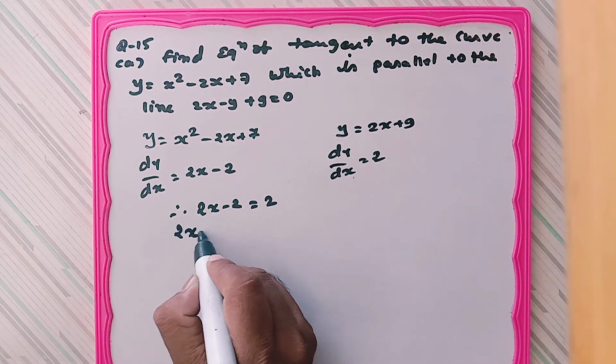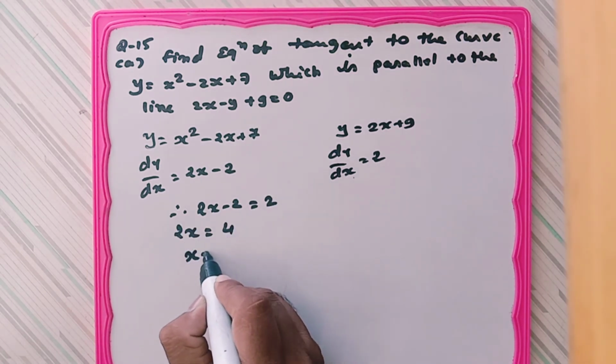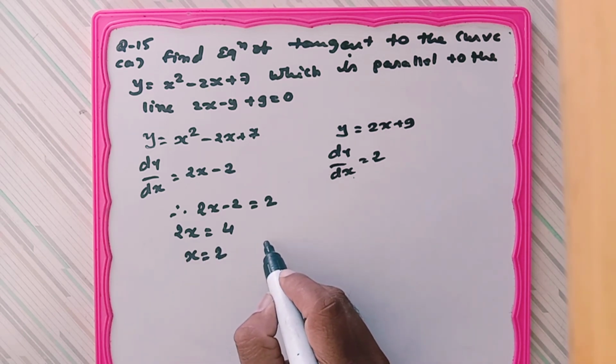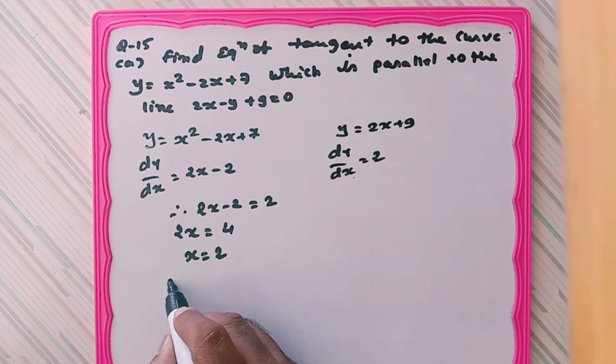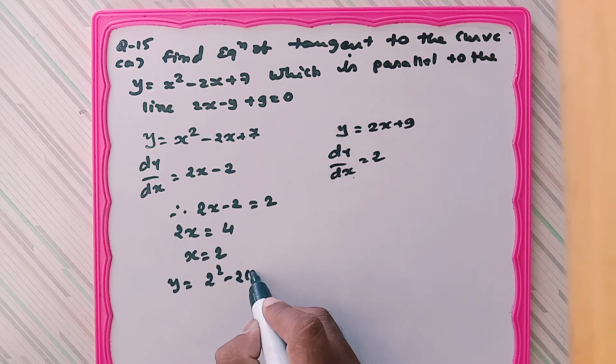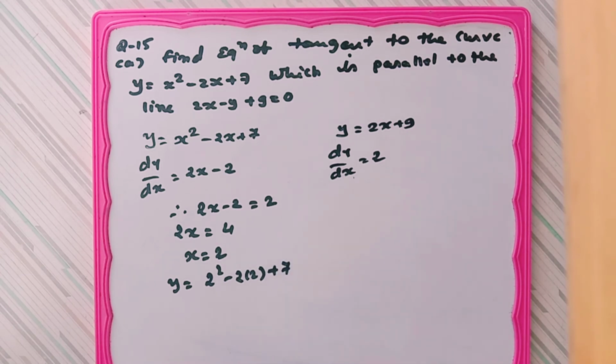So 2x equals 4, and x equals 2. Substituting x equals 2 in the equation of curve, 2 square minus 2 into 2 plus 7, so 4 minus 4 plus 7, which is 7.